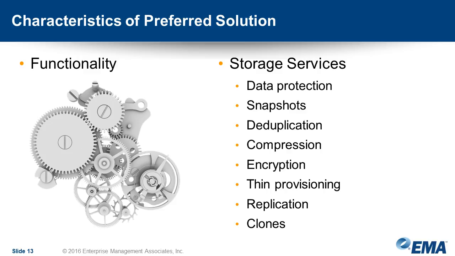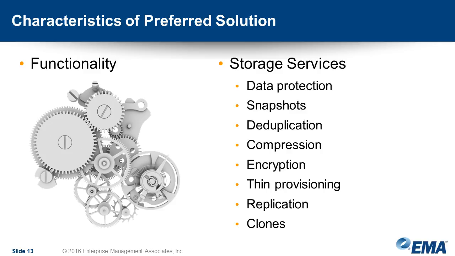Functionality, as I mentioned earlier, those first generation of all-flash systems often did not have storage services. And again, if the system's going to be used for primary storage, these kinds of services that the enterprise has grown to depend on must be there.